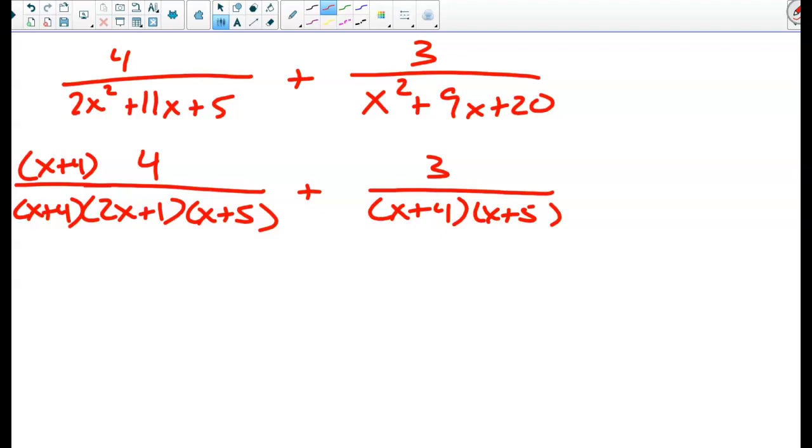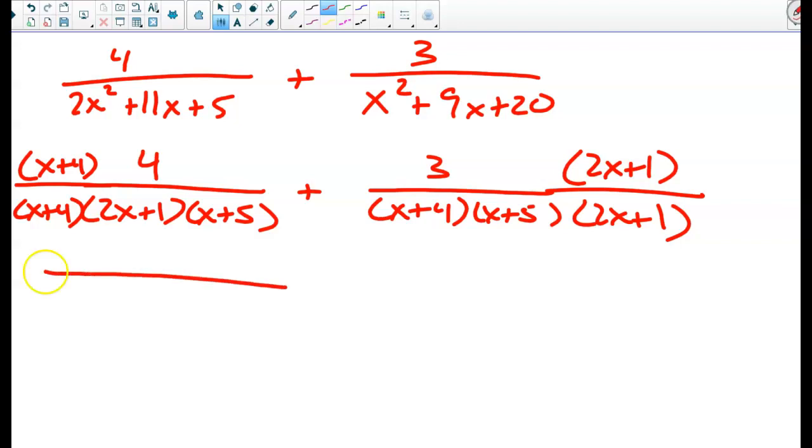You're not wrong to try and multiply both denominators, but you're going to drive yourself nuts. So here, I have 2x plus 1 in this denominator, but not this one. So I'm going to force 2x plus 1 in over here. I just have a longer common denominator. And it might be a little annoying to write down. I don't care. You got to write the entire denominator down.